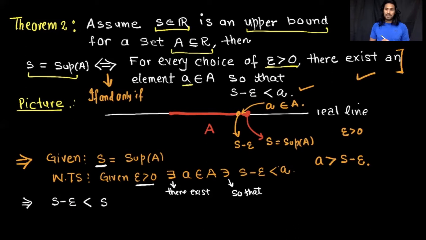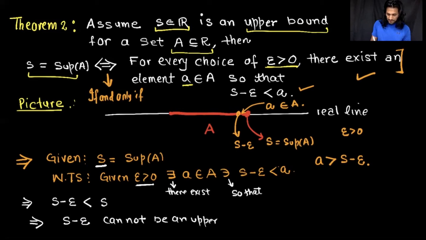If you subtract a positive number from any number, that number will be less than s. So this implies that s minus epsilon cannot be an upper bound for A.